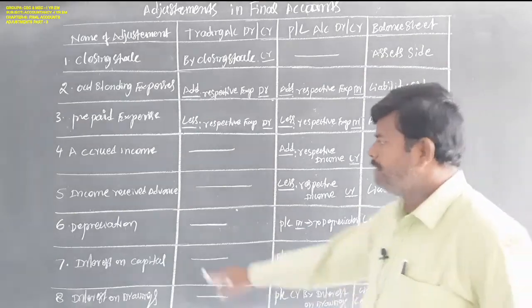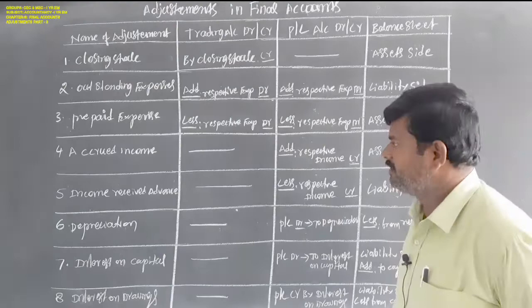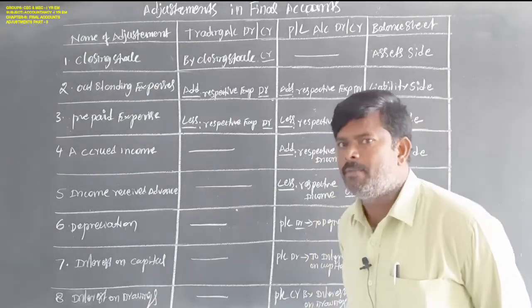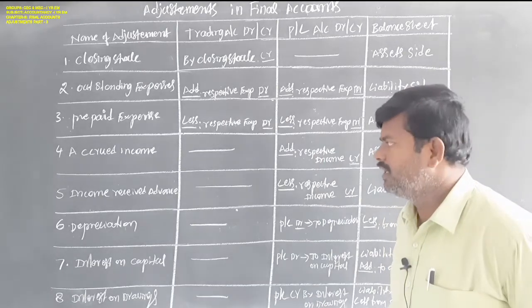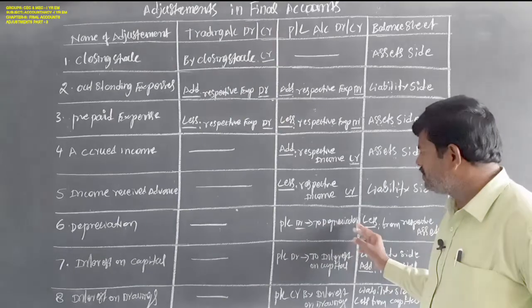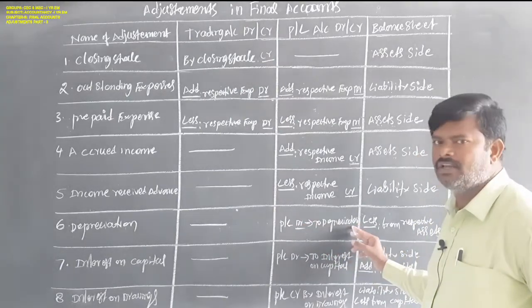Next, depreciation. Depreciation is a loss. Whether depreciation is given as a percentage or as an amount, it must be recorded on the P&L account debit side as depreciation.